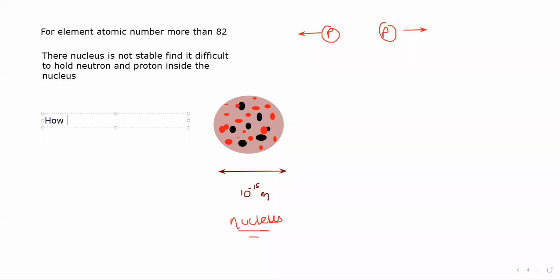How can the nucleus get stability? By releasing the particle.